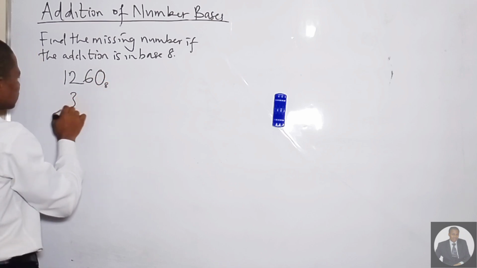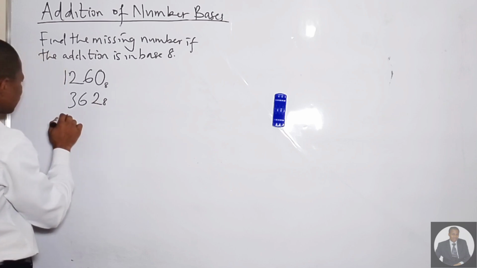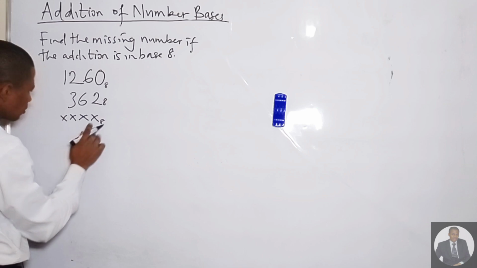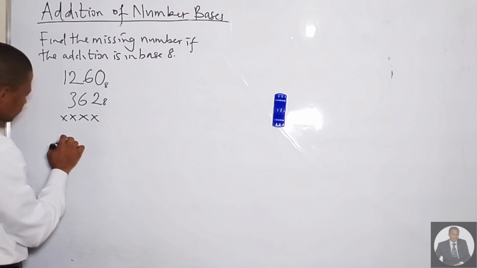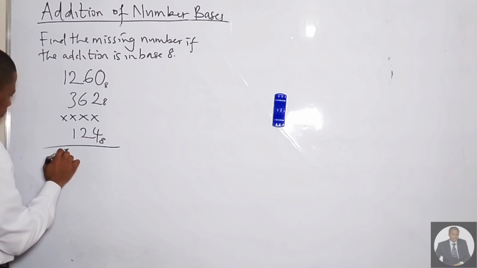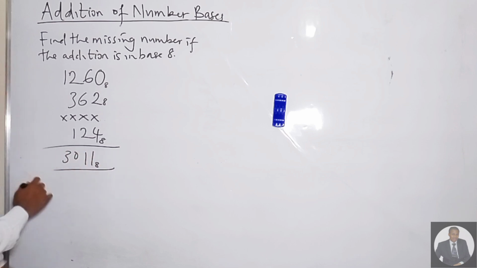We have 3, 6, 2 base 8. Then we have something like this, base 8. And then 1, 2, 4 base 8. And we are given 3, 0, 1, 1 base 8. So we have to find this missing number.